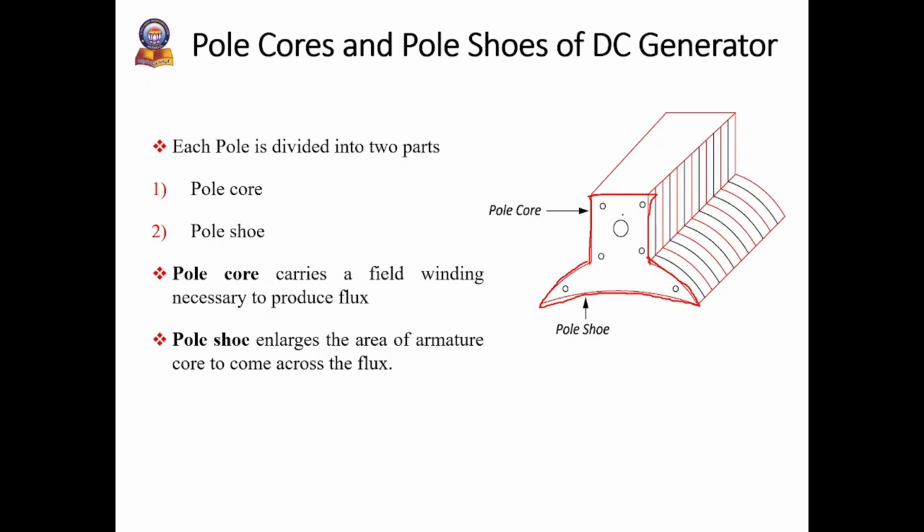The purpose of the pole core is to carry the field winding which produces the necessary flux, whereas the pole shoe enlarges the area of the armature core so that it comes in contact with the flux. Here a laminated structure of required size and shape is stamped together to get a pole, and this structure is then bolted to the yoke.